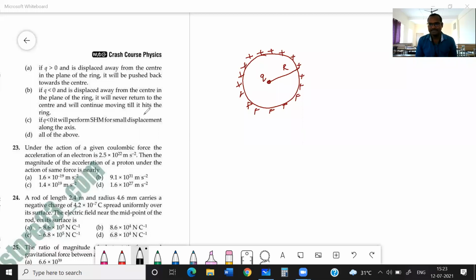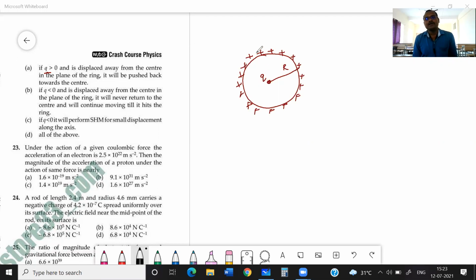Then what will happen? See option A. If Q is positive, meaning Q is greater than 0, and it is displaced away from the center in the plane of the ring, it will be pushed back towards the center. Does it happen? You check.